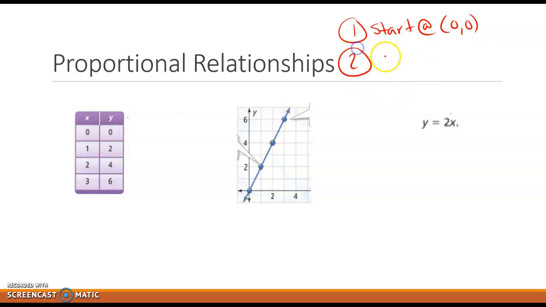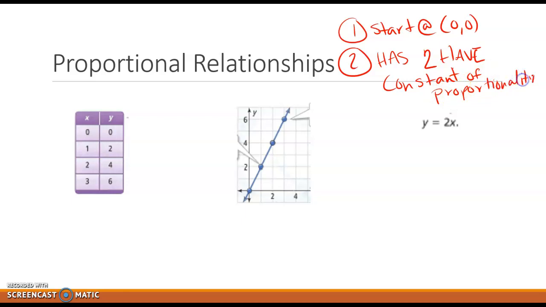And the second thing is it has to have a constant of proportionality. What that is, that's another fancy word for slope. Constant rate of change, constant of proportionality, slope.